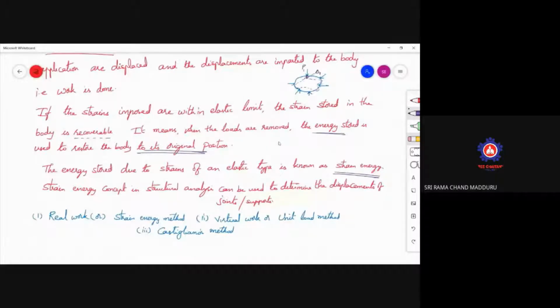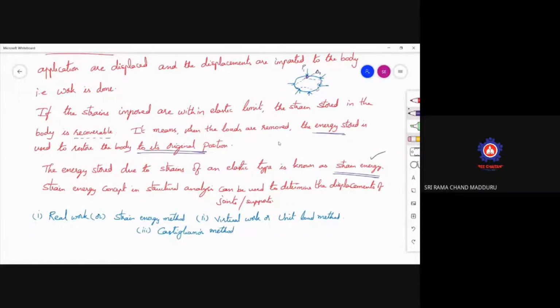If the loads applied are within the elastic limit and you remove them, it will go back to its original position. The energy stored due to the strains of this elastic type, we refer to as strain energy.